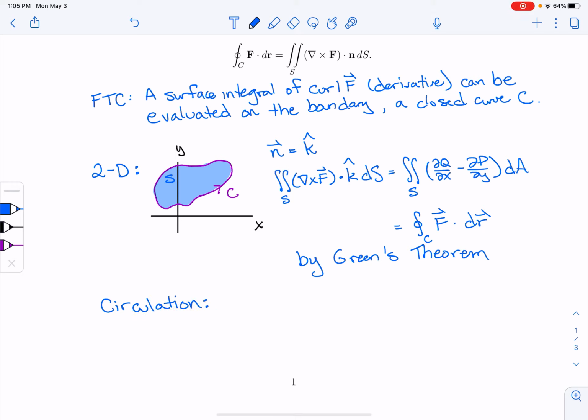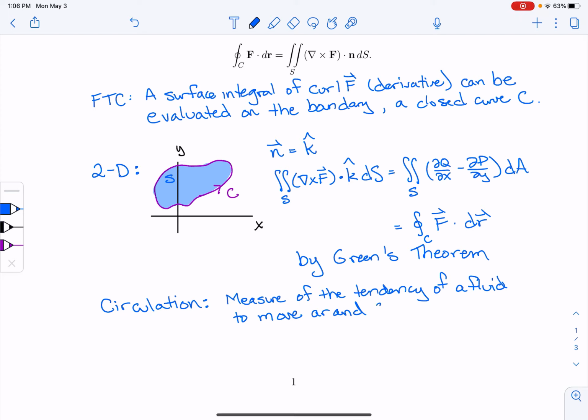Circulation for a vector field is the measure of the tendency of a fluid defined by that vector field to move around the curve C. So here what we're measuring with this integral is circulation, a measure of the tendency of a fluid to move around C.